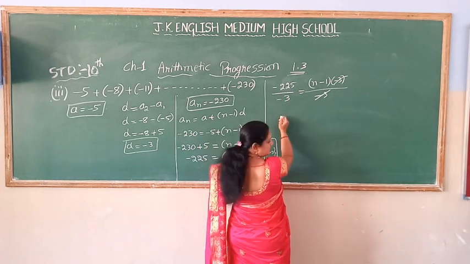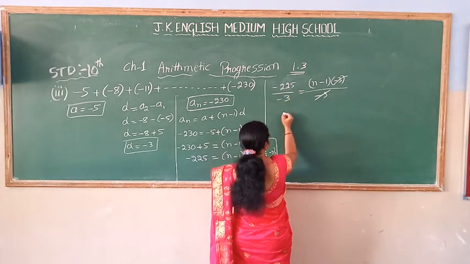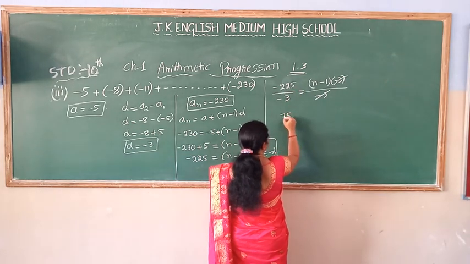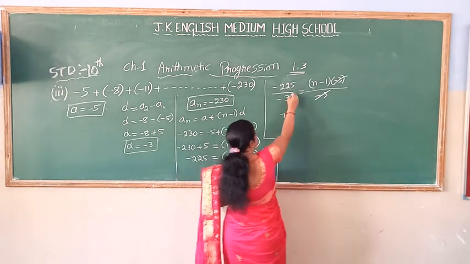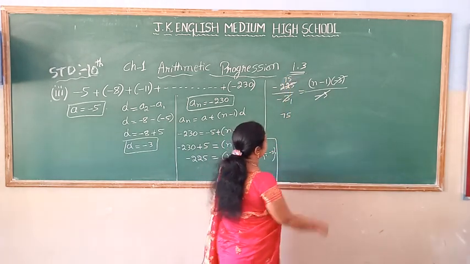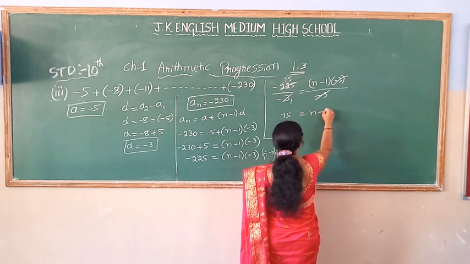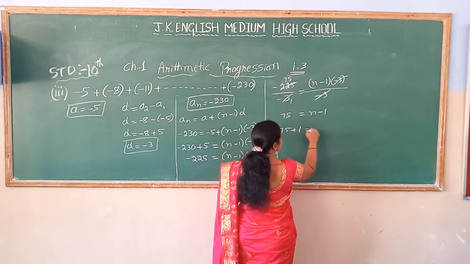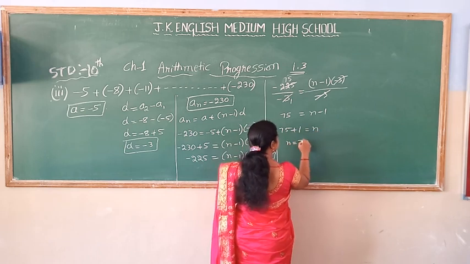Minus divided by minus is plus. Then 3 sevens are 21, 3 fives are 15, so we get 75. This is equal to N minus 1. Minus 1 you take to this side, it becomes plus 1. So the N value I will get is 76.